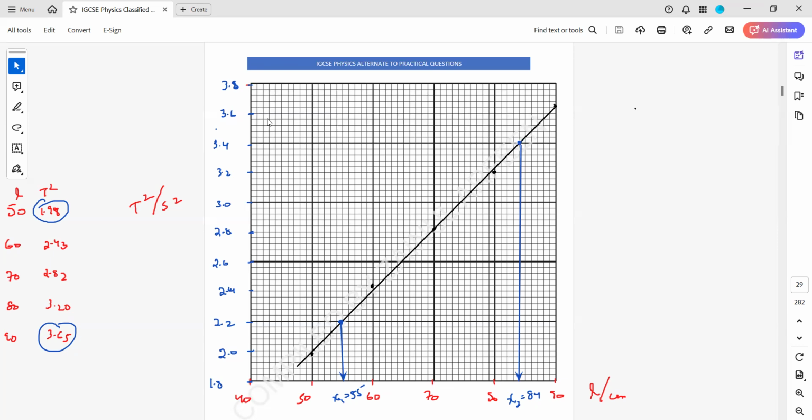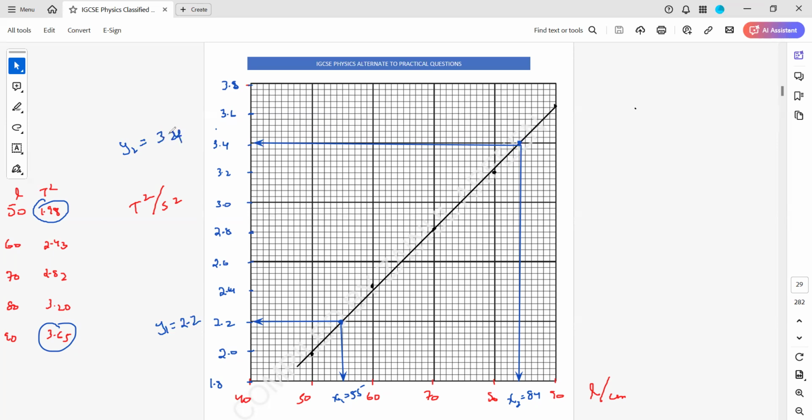The first point on the y-axis is y1. In this case, it is 2.2. And the second line which you draw on the y-axis is y2, which is 3.4.